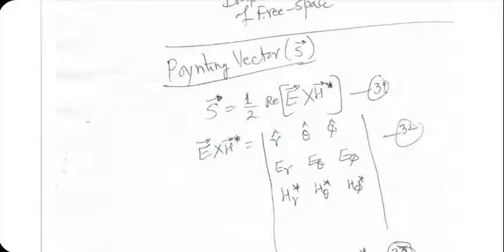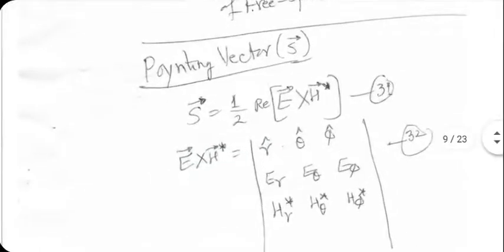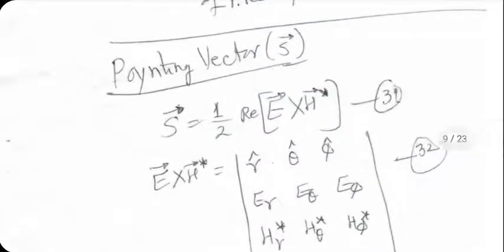This vector's units are watt per meter square. That means power radiated per unit area from the antenna is what you're looking at. It is defined as 1/2 real part of E cross H complex conjugate. There's a reason why it is defined that way, but let's stick to the definition given by Mr. Poynting a long time ago.